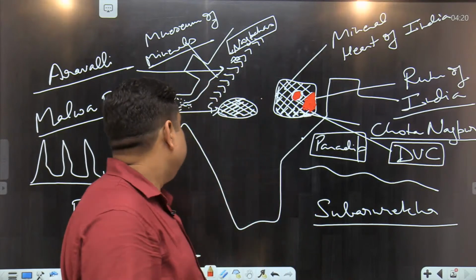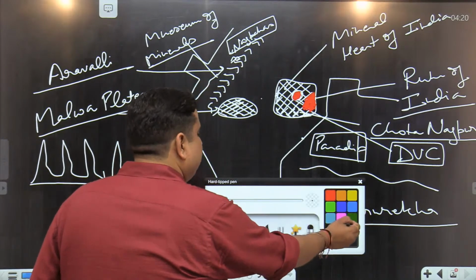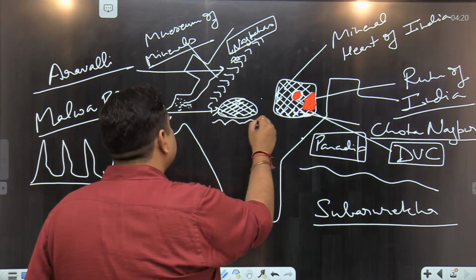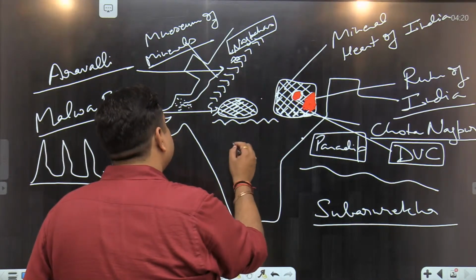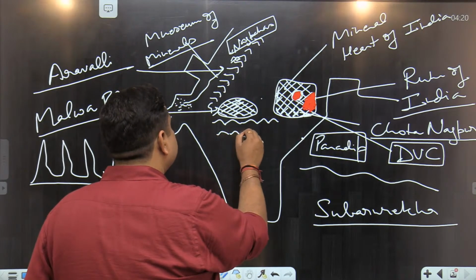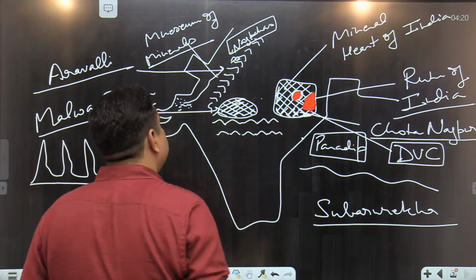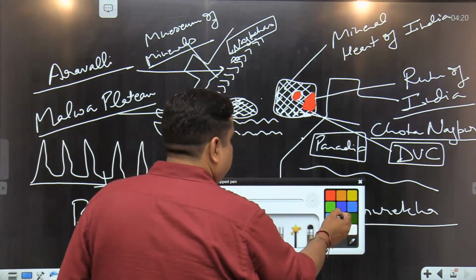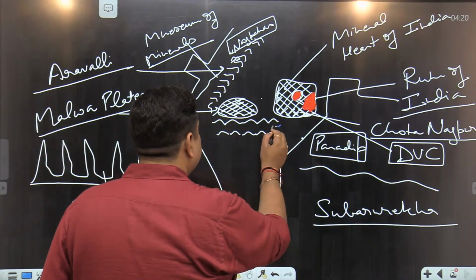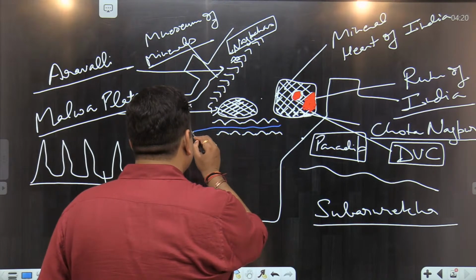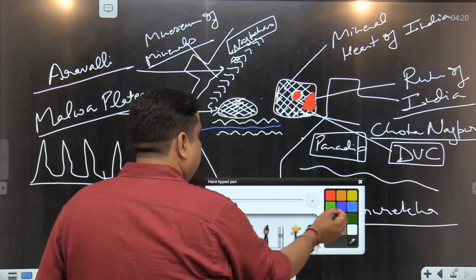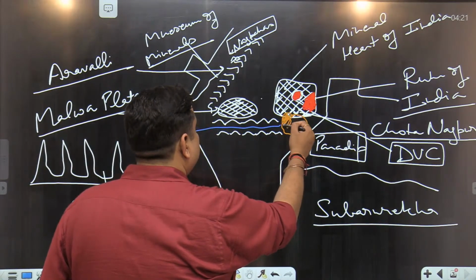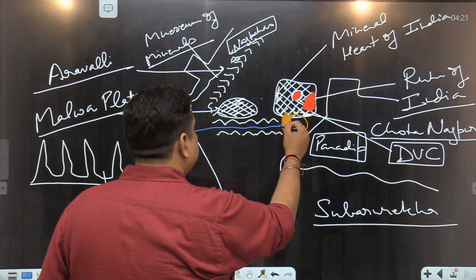Going to the next thing, here we have the Vindhya range and then the Satpura range. Between them flows a river known as Narmada, originating from the Amarkantak Plateau region.